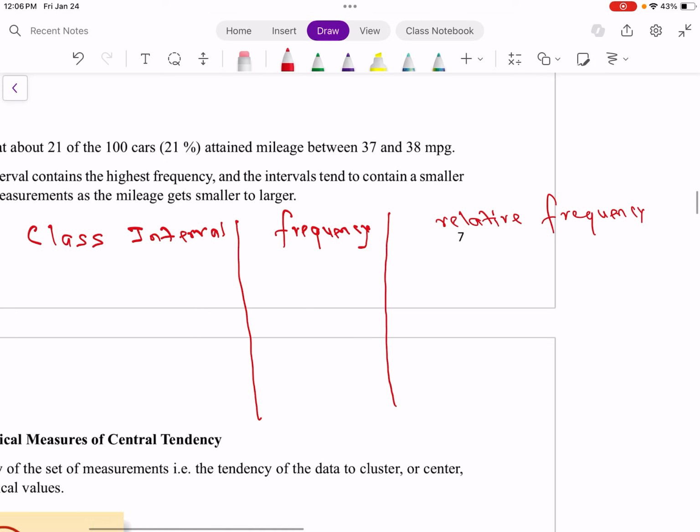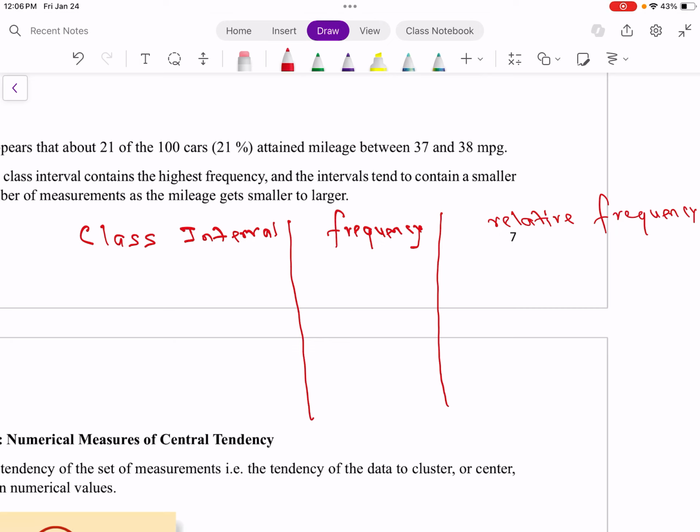Let me take an example. For example, we have class intervals 0 to 5, 5 to 10, 10 to 15, 15 to 20, 20 to 25. So this is the class interval. I have the frequencies 1, 5, 8, 9, 15. For example, this is given to us.